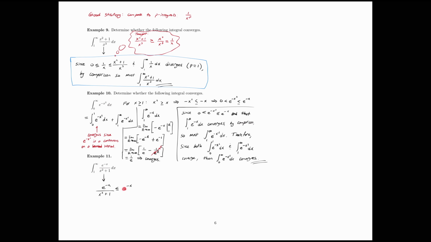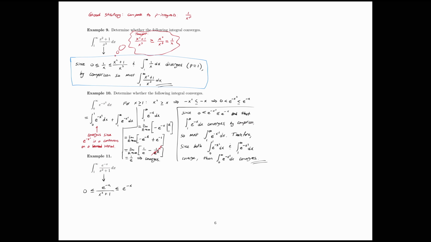So anything divided by a number bigger than 1 has to be less than the original. And we're not dealing with anything that is 0, so this is definitely not going to be negative. So right there is our inequality for the comparison theorem.